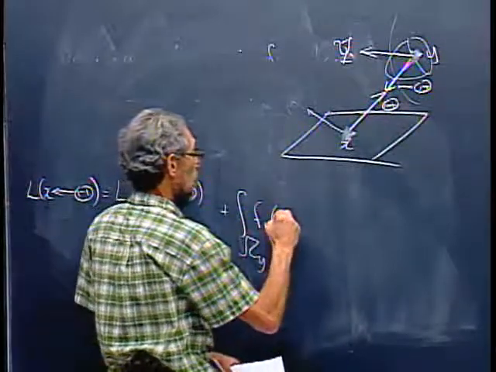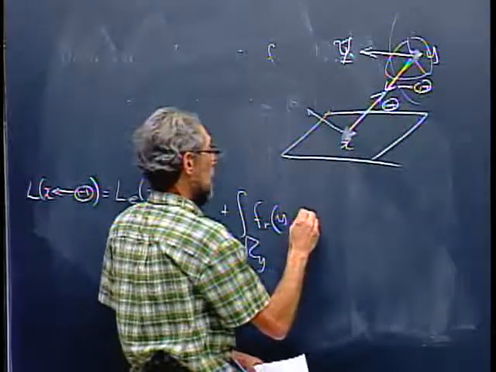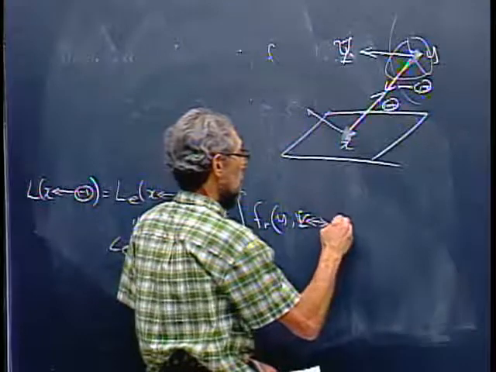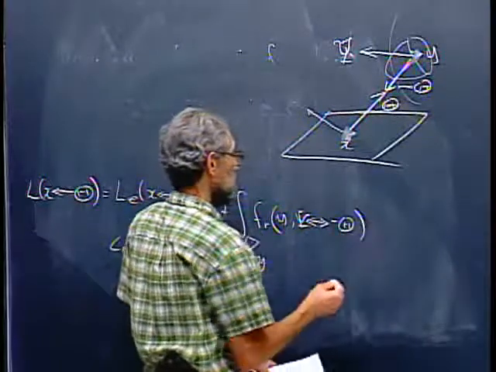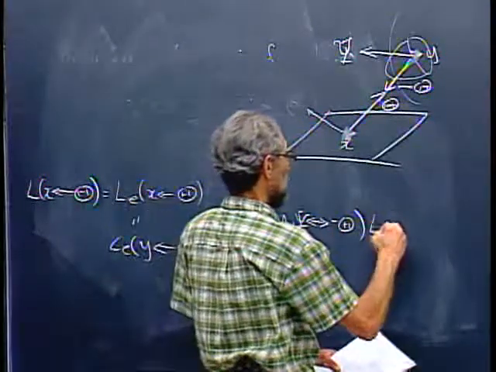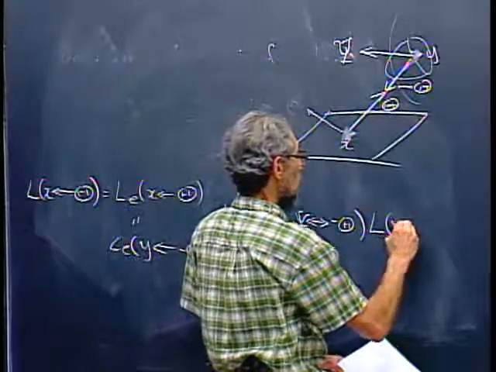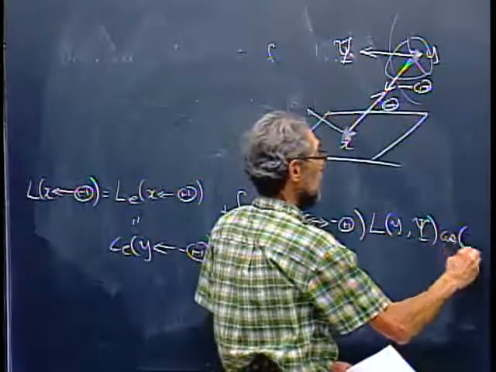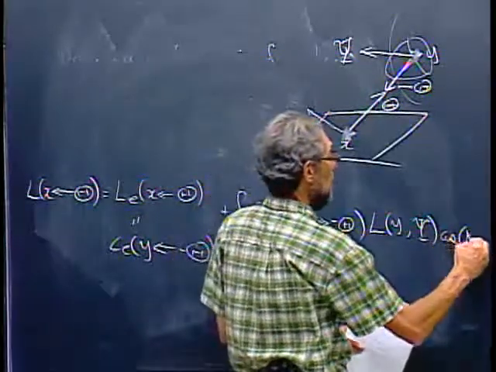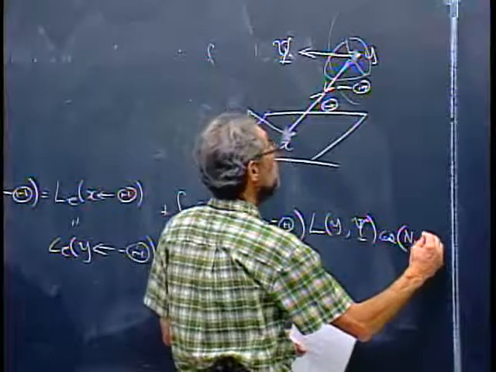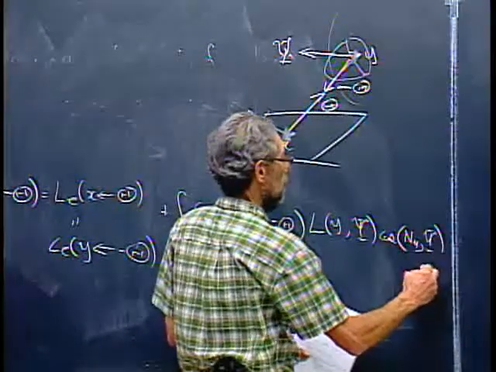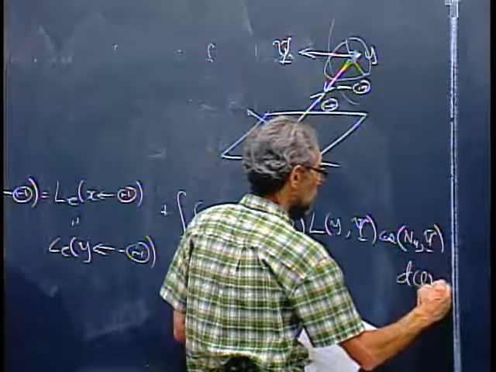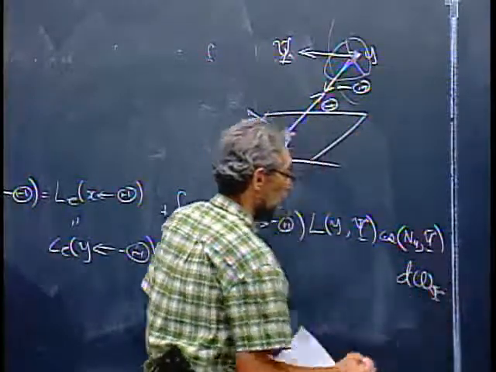This is Fr at y, and say coming in from psi relating to the direction minus theta. And then the radiance coming into y from the direction psi. And now cosine of the angle between ny and psi. And this is d omega around the direction psi of incoming radiation.